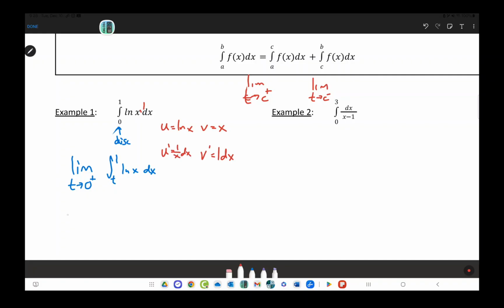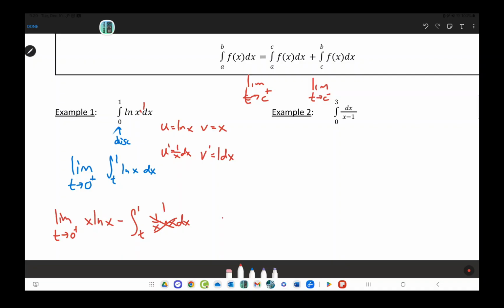So this is going to separate into the limit as t goes to 0 from the right of u times v, so the natural log of x times x, minus the integral from t to 1 of u prime v, so 1 over x times x dx, which is just 1.